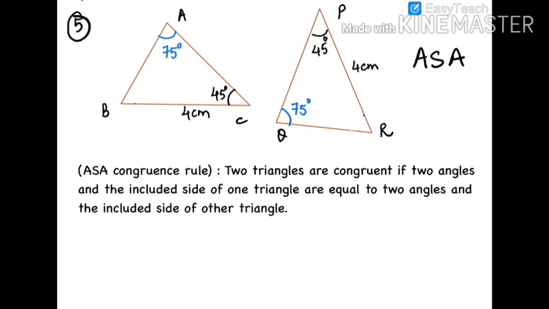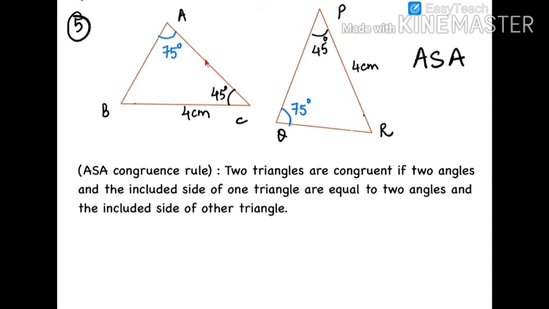So if I mark angle A equal to angle Q and angle C equal to angle P and BC equal to PR, are these two triangles still congruent? Yes, they are congruent because we have confirmed it by overlapping. But we do not have the side contained between the two equal angles.